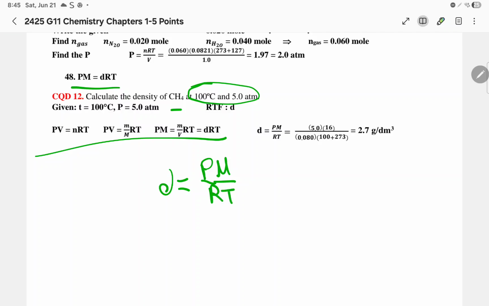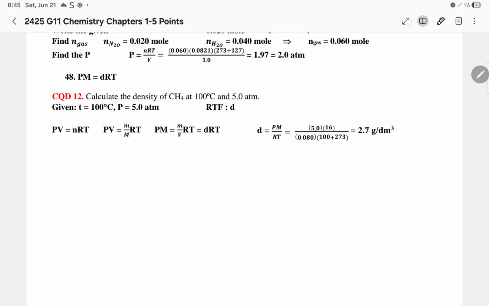That's it. P is 5. M is C, which is 12, plus 16. R is 0.08. T is 373. And that's equal to 2.7 grams per decimeter cubed. That's it. I have absolutely no idea what they put there.